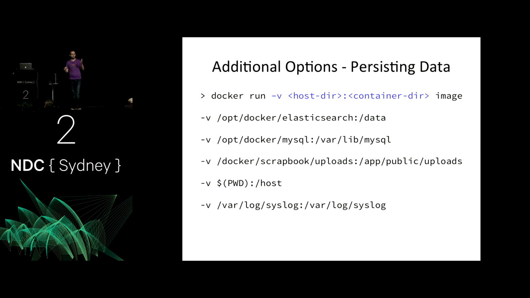And so when anything gets written to /data, it's actually being written to my host in Docker Elasticsearch. When we launch newly updated containers, we point it back to the same directory, and we can ensure that the data is consistent and available across multiple different independent versions.